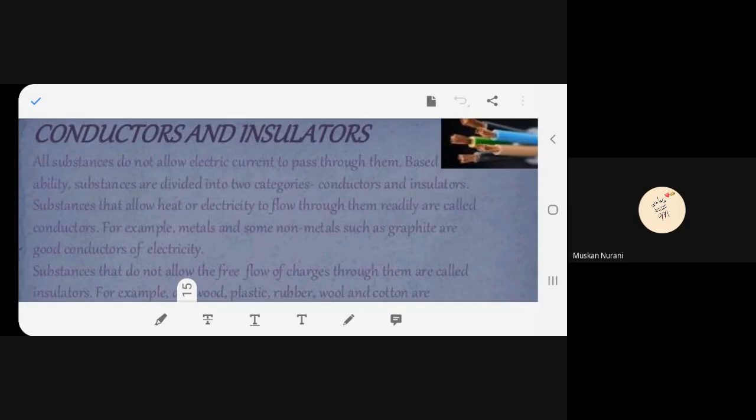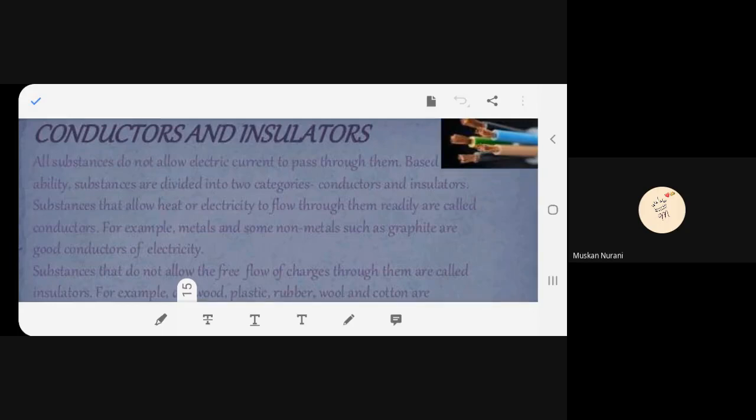Substances are divided into two categories: conductors and insulators. Substances that allow heat or electricity to flow through them readily are called conductors. For example, metals and some non-metals such as graphite are good conductors of electricity.